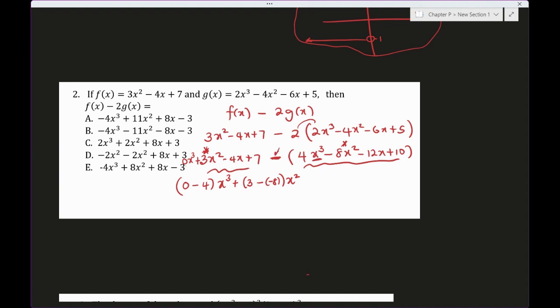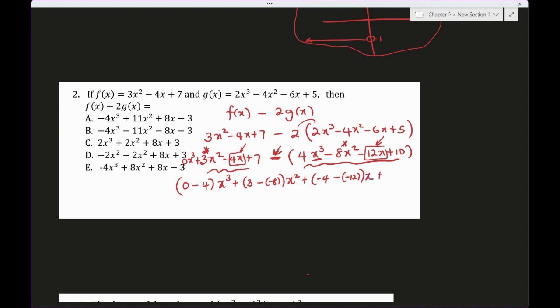Why do we have this minus? Because it's coming from this one. Then we need to deal with the x term. For the x, the coefficient here is minus 4, so I have minus 4, and here also this minus is here, so I have minus 12, all times x.